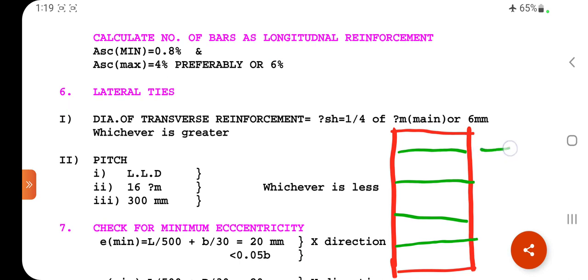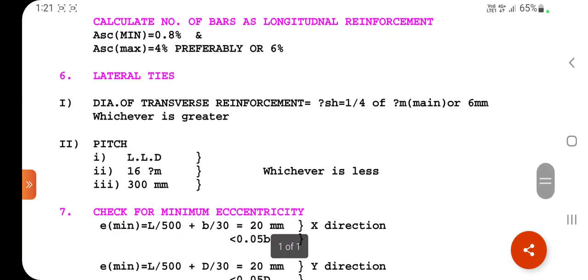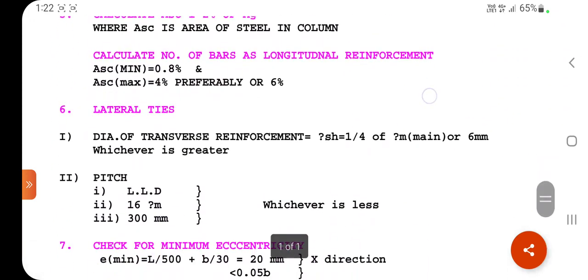Now the center to center distance between these ties is equal to the pitch of the lateral ties. So I think you have understood regarding the pitch.